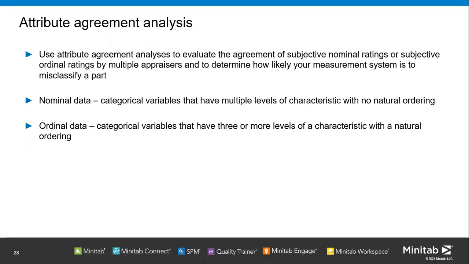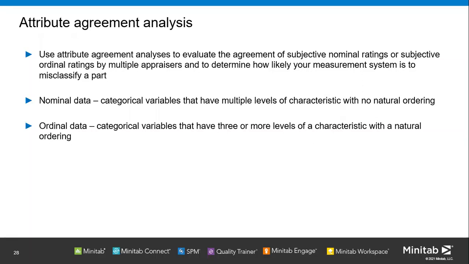So attribute agreement analysis is also called attribute Gage R&R. Attribute data are usually collected when standard measurements are difficult to obtain.